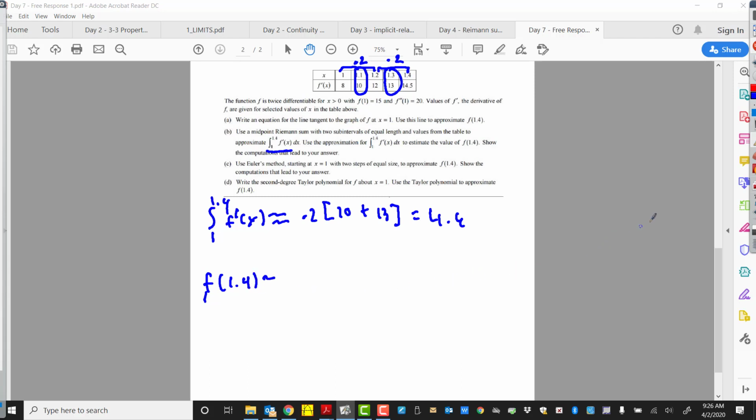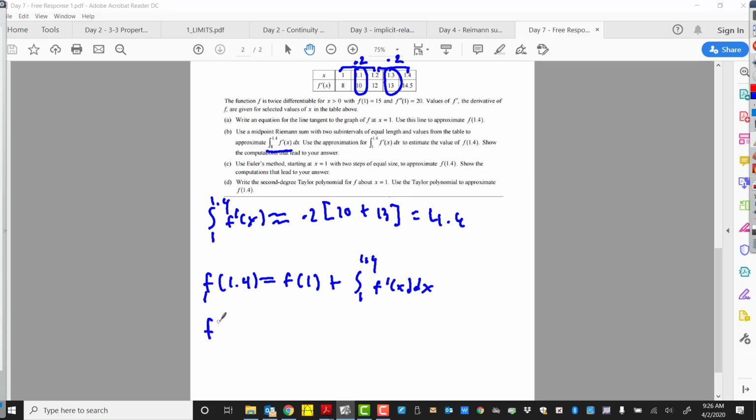that's going to equal f of 1, our initial value, plus that integral from 1 to 1.4 of f prime of x dx. Okay, that's how we're going to get 1.4, but because we approximated this value, that means we're also going to be approximating f of 1.4.